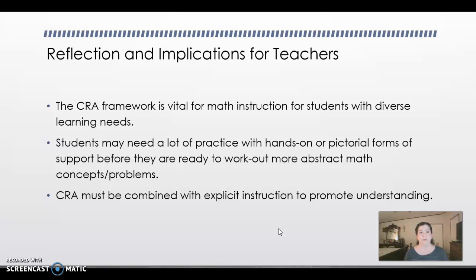And here's the reflection and implications for teachers based on that. I think it's important to remember that the CRA framework is vital for math instruction for students with diverse learning needs. Students may need a lot of practice with the hands-on or pictorial forms of support before they are ready to work out more abstract math concepts and problems.